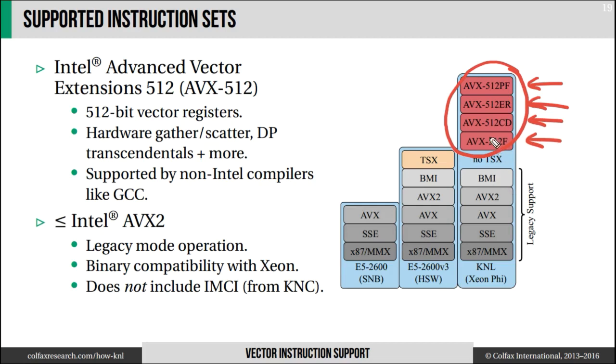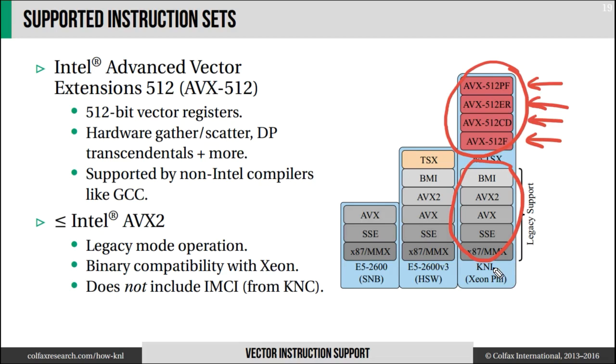In addition to the new instruction set, Knights Landing processors have legacy support for older instructions used by Xeons. For example, AVX and SSE instructions can be run out of box on Knights Landing. This means that if I take an executable that is compiled for an existing Xeon processor, I can run this executable on Knights Landing without any recompilation.